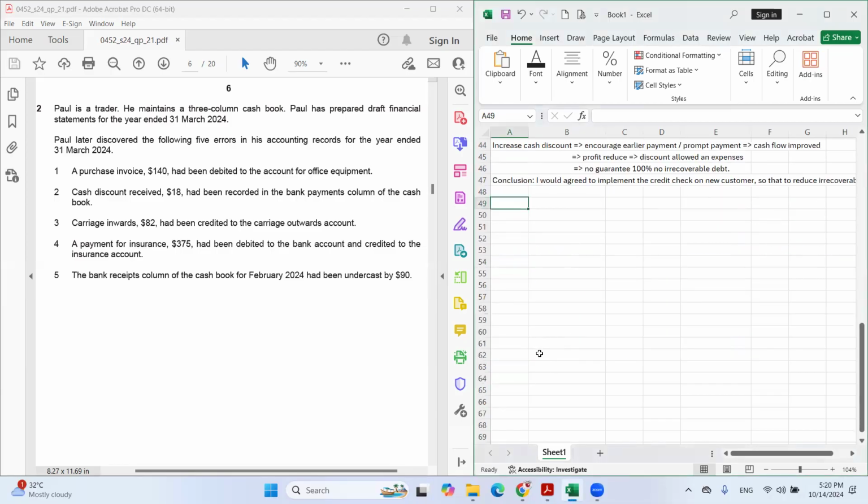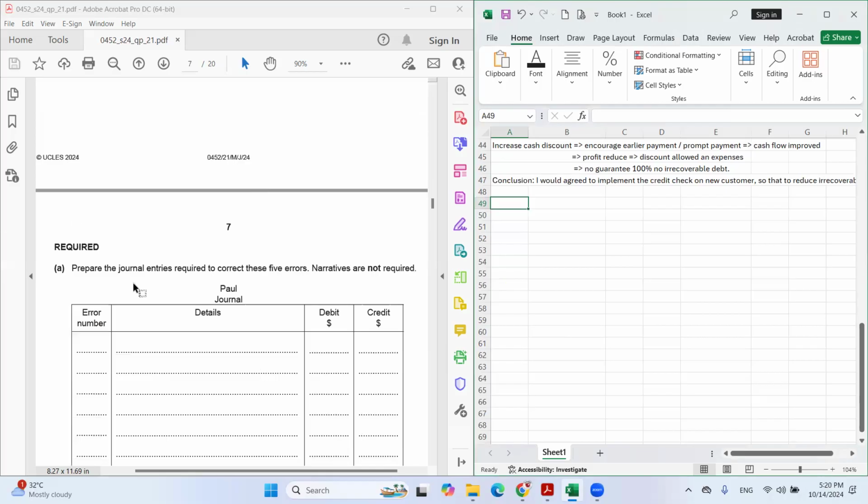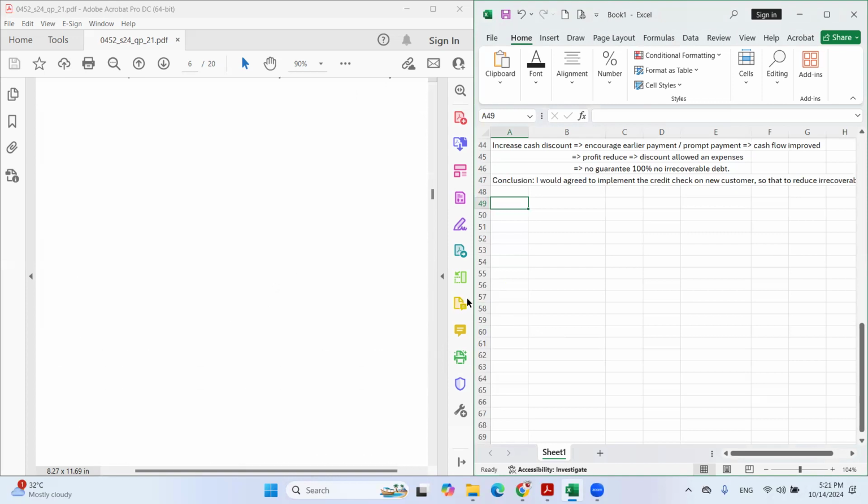As I said before, there are 2 topics you must focus on a lot, section 1, section 2, and the correction of errors. Because in most exam sittings, they will test these 2 topics. Okay, let's see what are the errors we can find here. They say prepare the journal entries to correct these 5 errors. Narratives are not required. That means we don't need to write the reason.